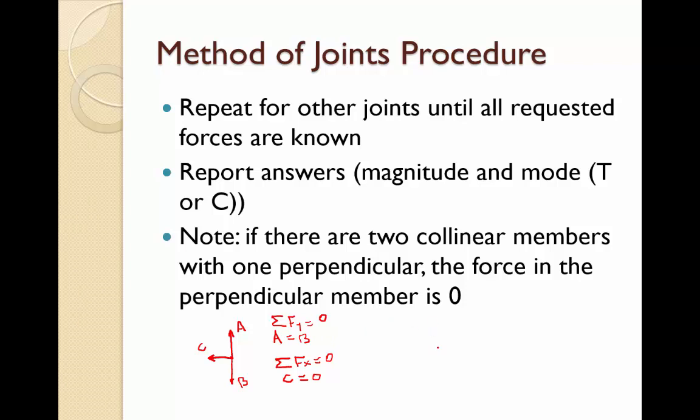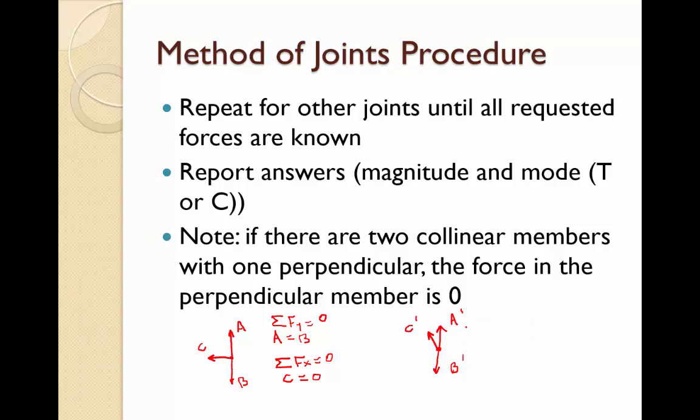It's also true if we look at this situation, though. If there are two collinear members, so let's call this A prime, and let's call this one B prime, and let's suppose that there's a member diagonal over here. We'll call that C prime. This might not be quite as obvious to you as the first situation.